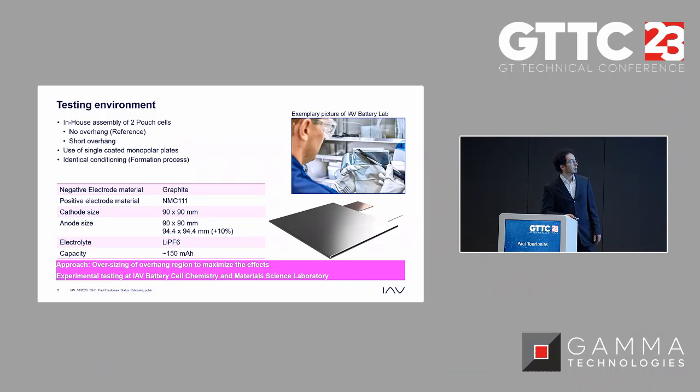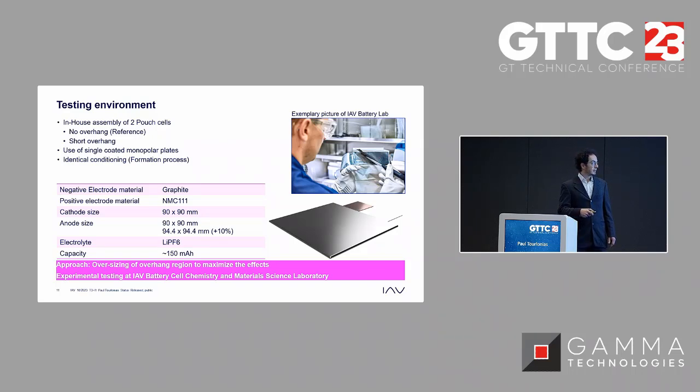At our battery laboratories, we have built two cells of about 10 times 10 centimeters big in a glove box, starting from single-coated monopolar plates, and then ensuring that in one case we have really strict same dimension for anode and cathode, and in the other case about 10% larger anodes than cathode.